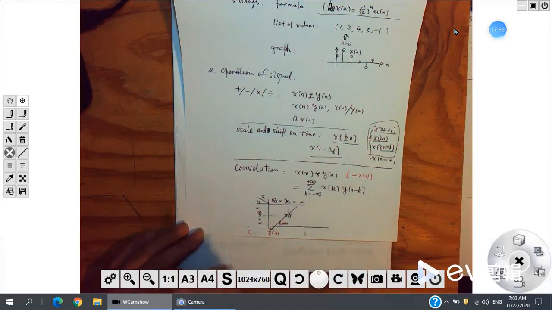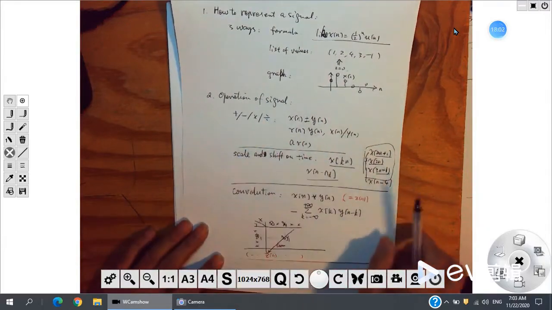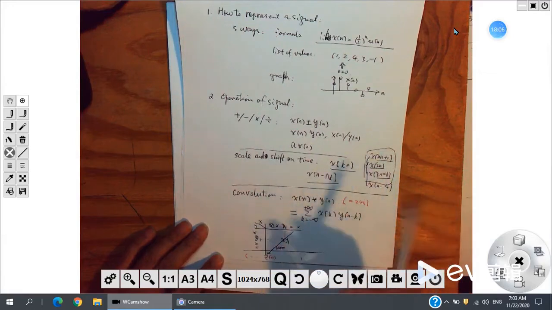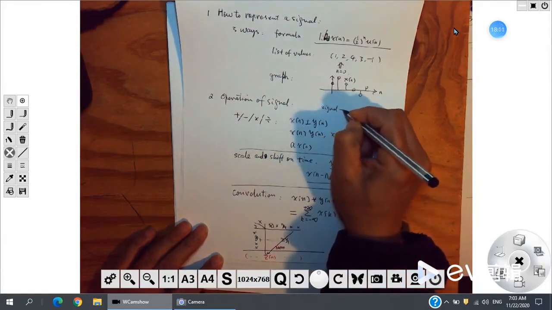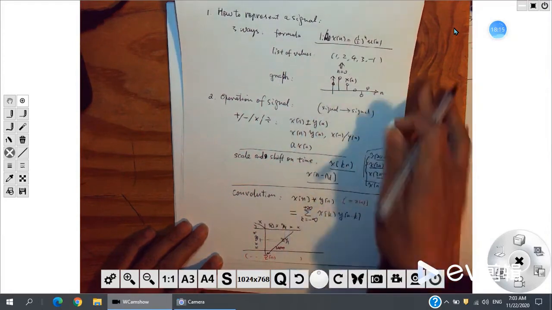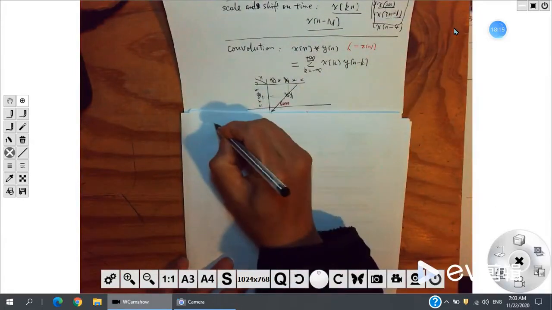Okay, this is convolution. So this is an operation on signals: from signal to signal, and the result is also a signal. And the third one is the transform.